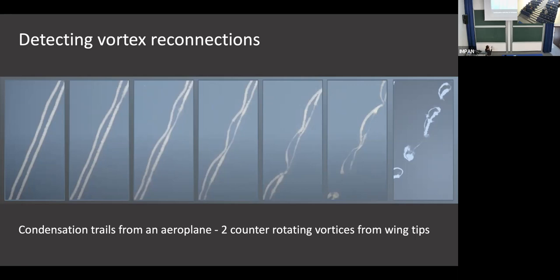And with time, you see that some fluctuation is happening. There are some waves forming. There are areas getting closer together, and at some point you have something that is called reconnection, and they will detach after a time. And this is exactly what they want to model. They are very simple.